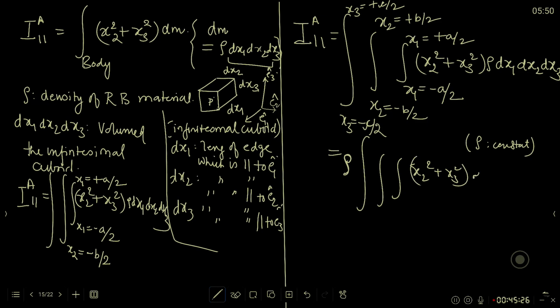When you perform this integral, I'll give you the final answer. Try to get that.